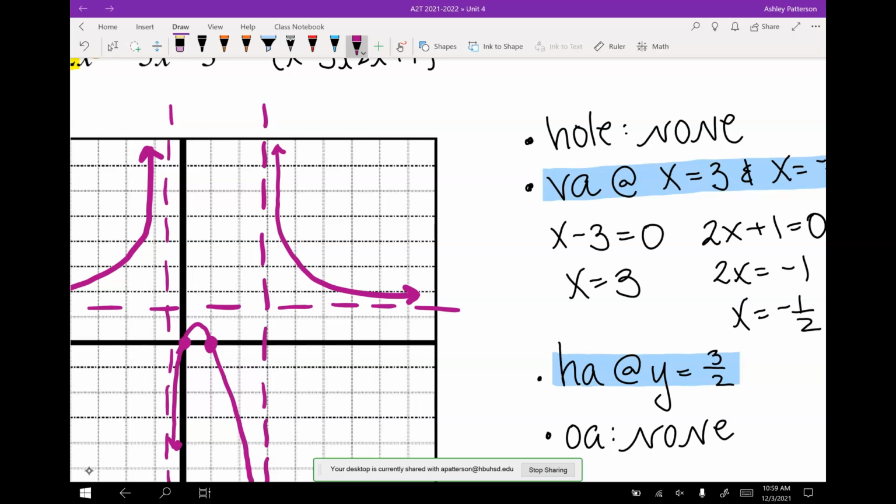Now here, again, you have a choice to make. Can I cross a horizontal asymptote? Yes. Its purpose is to guide the end behavior. So maybe you want to go down and you want to cross the horizontal asymptote. That's fine as long as you end there and you don't cross the x-axis. Why can I not cross the x-axis here?